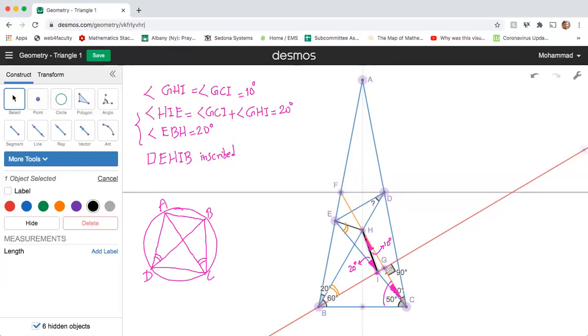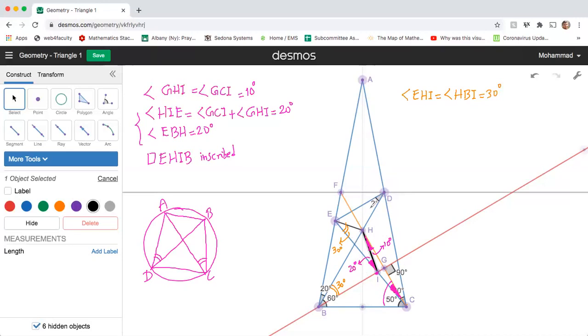Again, because this is an inscribed quadrilateral, the angle HEI is congruent to angle HBI, which we know is 30 degrees, because recall that this is a perpendicular bisector of the segment HC, and this angle is 60 degrees, so this is 30 degrees, making this one also 30 degrees.